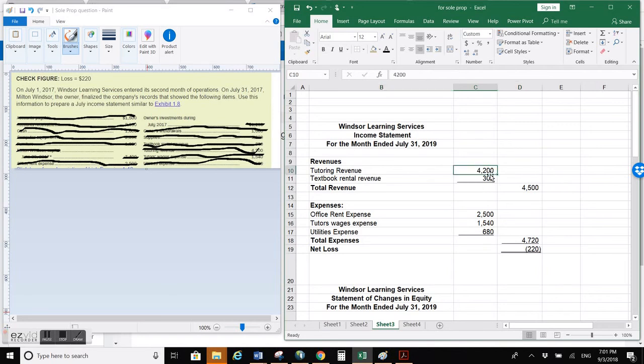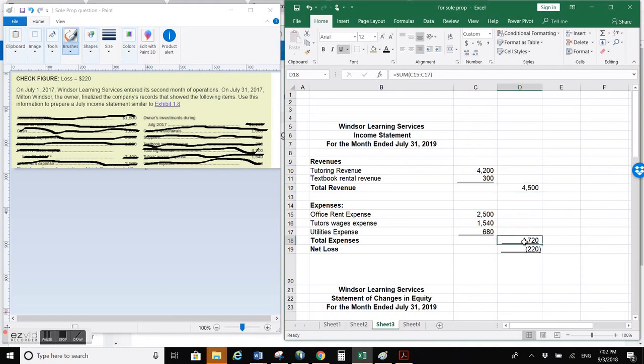It doesn't necessarily tell us when we get paid. We will definitely get paid for all of these revenues, and we will definitely have to spend all this money for the expenses. But it may not be in the month of July that the money will come out of our bank account.